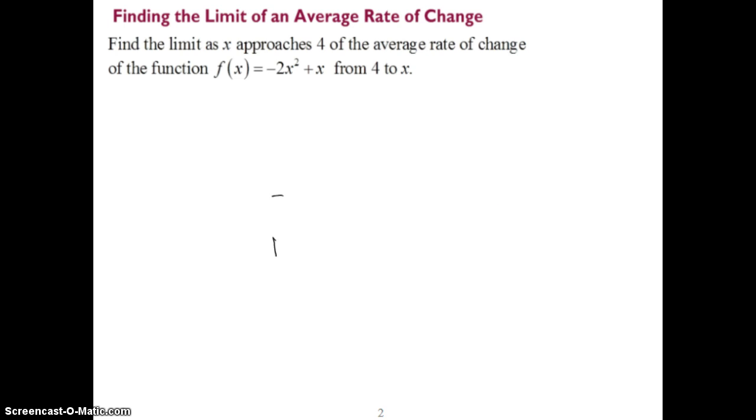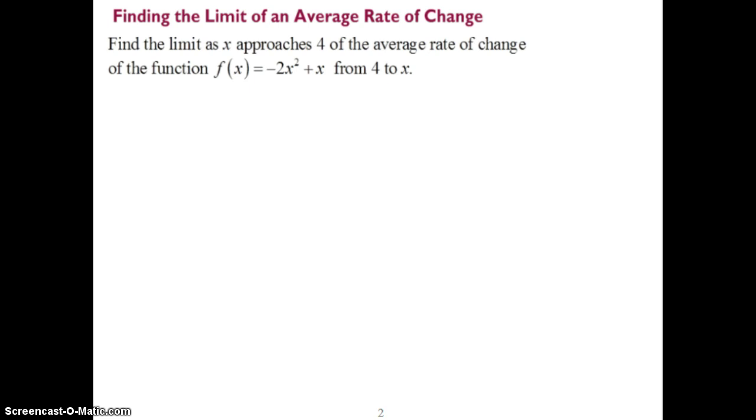So, for example, if you are asked to find the limit as x approaches 4 of the average rate of change of the function f of x equals negative 2x squared plus x from 4 to x.